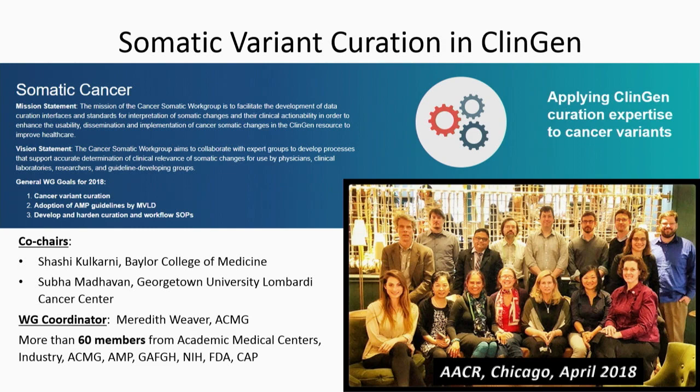So the Somatic Working Group was formed, and it is co-chaired by Shashi Kulkarni from Baylor and Subha Madhavan from Georgetown, and we have more than 60 members by now from a variety of different academic institutions and commercial partners. This is a photograph from our last face-to-face meeting that was at the AACR meeting in Chicago this year.